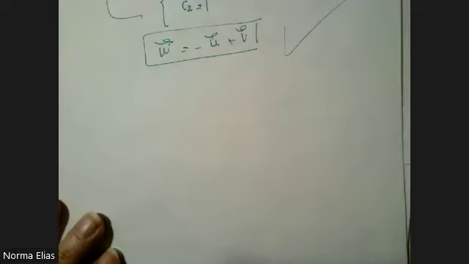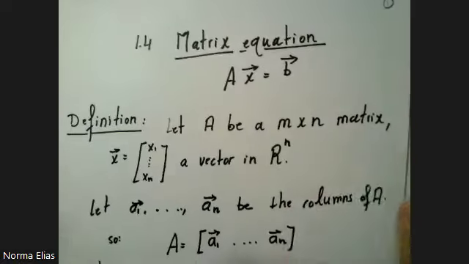All right. So today's section 1.4 is basically a new notation which makes writing systems much easier, and a lot of it will be a rehash of the same thing we've been doing but with a different notation.